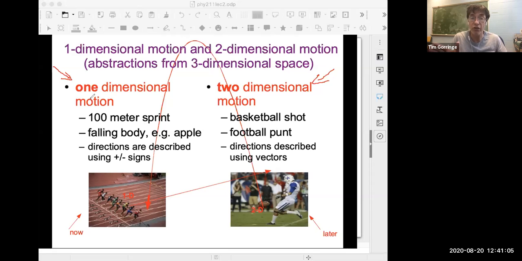The motion is occurring in 2 of the 3 space dimensions. A basketball shot would also be an example. Although space is three-dimensional, the basketball itself is moving in 2 dimensions. So we're going to be doing one-dimensional motion today and next class, and two-dimensional motion later.